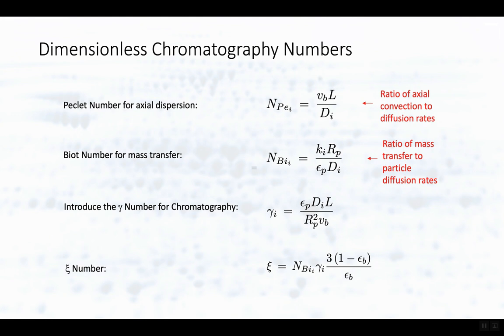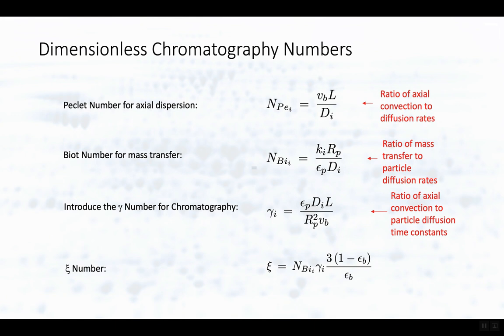All right, so we introduce the gamma number. The gamma number is the ratio of axial convection to particle diffusion time constants. So we've got, how fast is it? This is very similar to that dimensionless number for capillary chromatography.